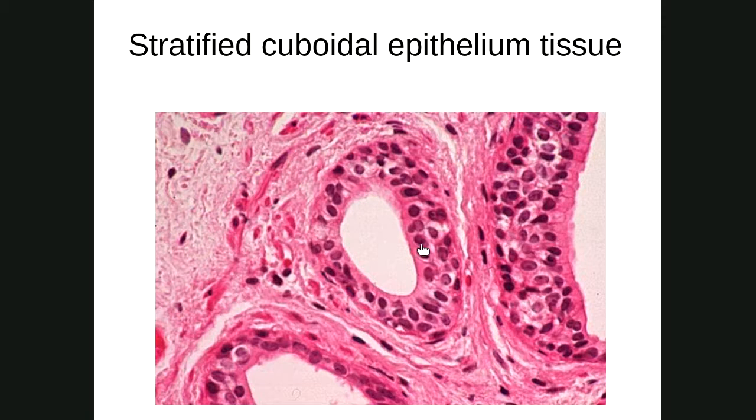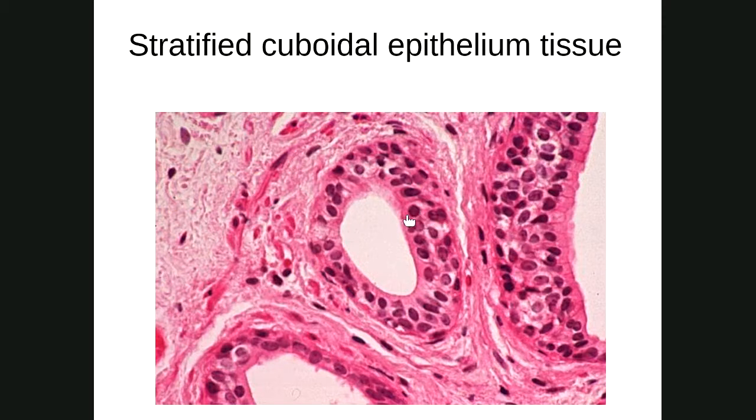This one's kind of round. So there's not a lot of space between this layer here and this layer here. Because remember, stratified cuboidal epithelial cells are as tall as they are wide, where columnar are taller than they are wide. So there's going to be a lot of space between the nuclei.